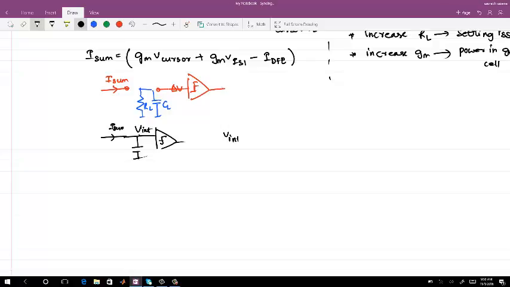V integrated is equal to 1 by C times the integral of I sum dt from 0 to t, right? And this is equal to I sum times t. This needs to be equal to delta V, what we want.